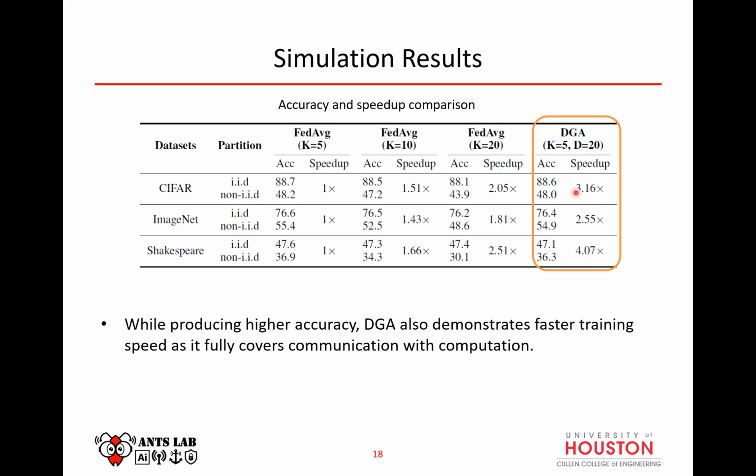The accuracy is also higher than federated averaging, and it almost replicates the base k equal to 5 value. It's maybe just smaller by 0.1 or 0.2, but the speed up is way better. This is in line with the theoretical convergence computations the paper claims. So the performance of the system is not altered by doing this kind of parallel communication and computation.